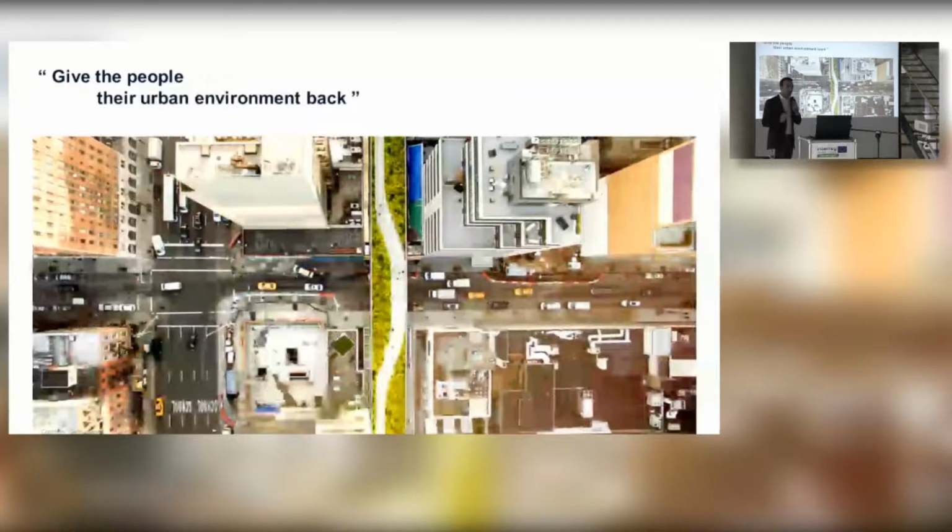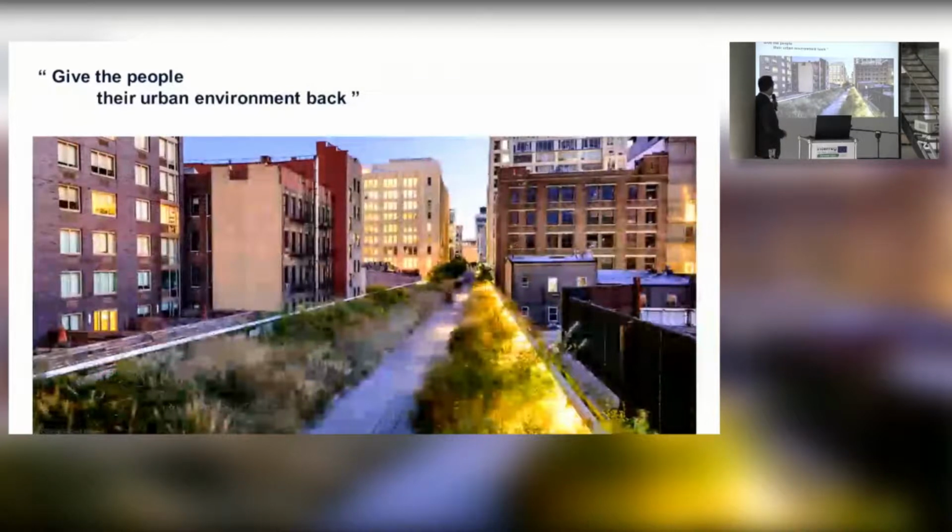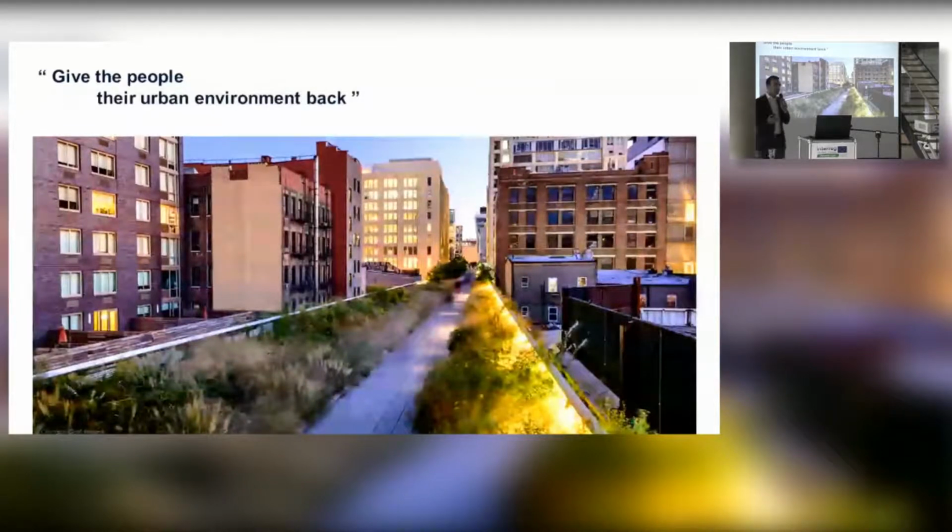And another example I want to show you, just to talk about and focus on the scale of users. This is the High Line, still in Manhattan. I don't know if you've ever been here, but once you are walking through this really, really tight pathway, you can really feel the difference of scale between the place where you are and the surroundings, so these big and tall skyscrapers.